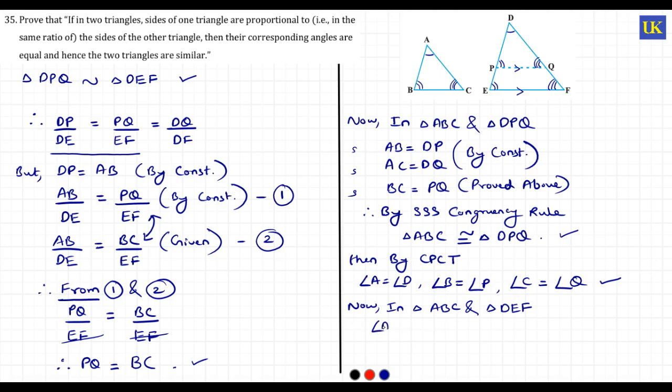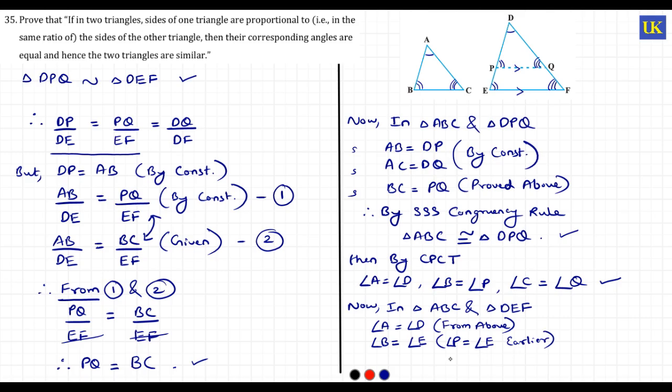Here I will say that angle A is equal to angle D. Just now above we have proved this, so I will say from above. Then I will say that angle B is equal to angle E, because earlier we have proved that angle P is equal to angle E.